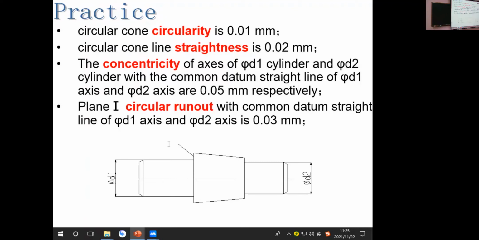Circular form. Circularity. So I say you do not understand. Yes, you have to draw. We're going to do this later.